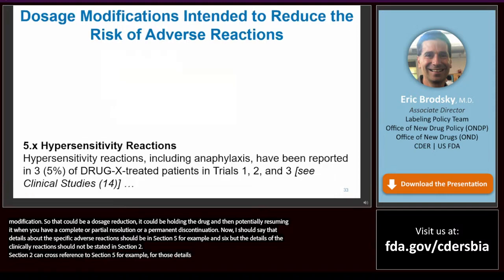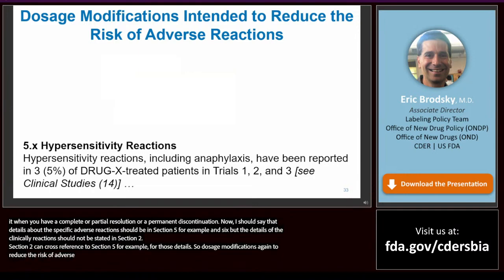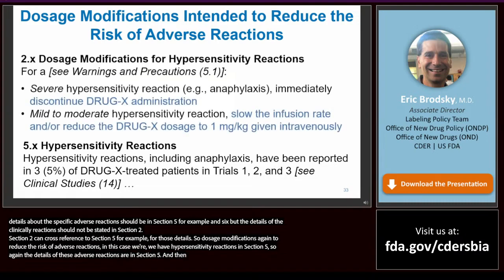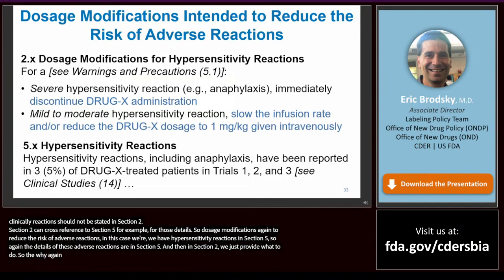So, dosage modifications, again, to reduce the risk of adverse reactions. In this case, we have hypersensitivity reactions in Section 5. The details of these adverse reactions are in Section 5, and in Section 2 we just provide what to do. So the why is in Section 5, and what to do is in Section 2.